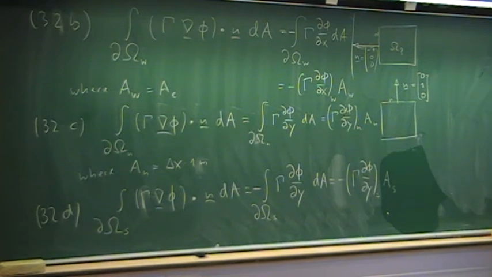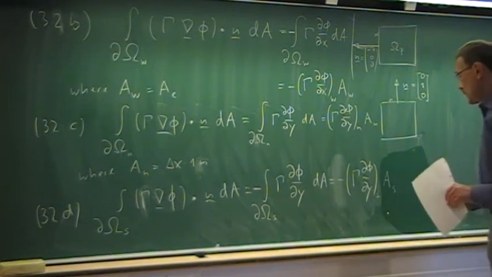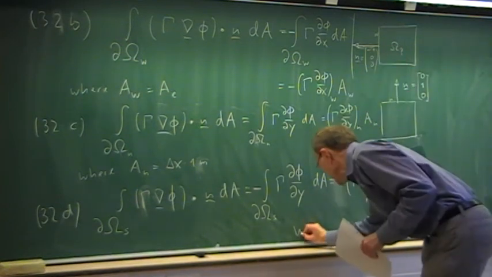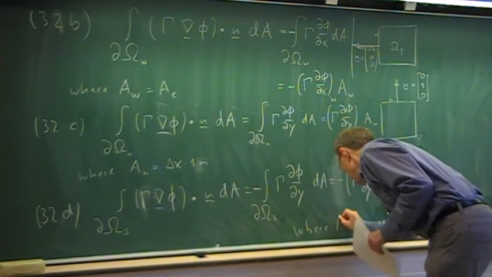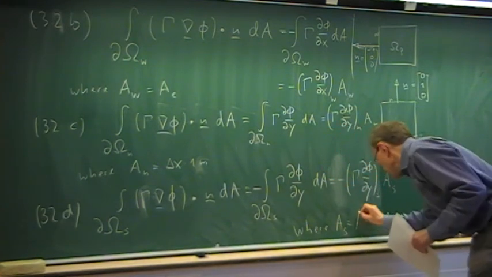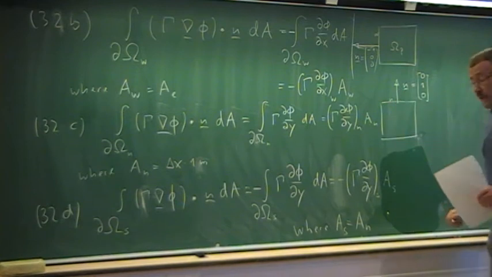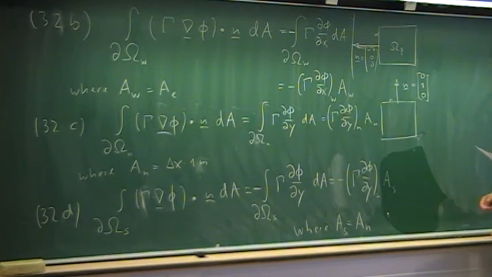And the area at the southern face is, again, delta x times 1 meter. So the area AS is simply the same as the area at the northern face. So then we have a representation of all 4 diffusive fluxes over the faces of our control volume.